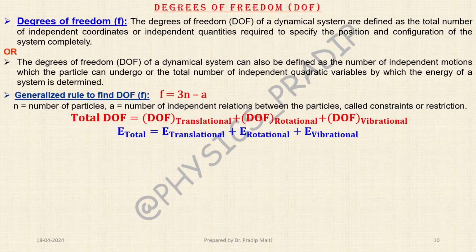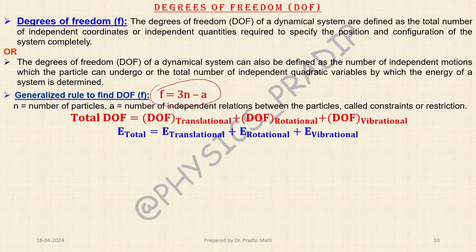Always remember that total degrees of freedom of a system is the sum of translational degrees of freedom, rotational degrees of freedom, and vibrational degrees of freedom. And if we give some amount of energy to a gaseous system, then the energy will be distributed in terms of translational kinetic energy, rotational kinetic energy and vibrational kinetic energy depending upon the temperature. So it is a very important formula, remember it.